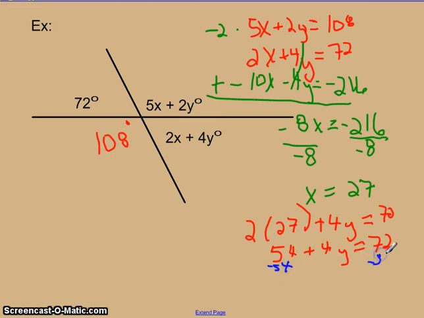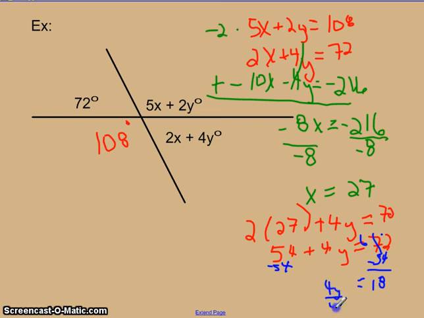Subtract 54. And let's see, 72 minus 54 would be 18. Let's just borrow real quick. Yep, should be 18 equals 4y.